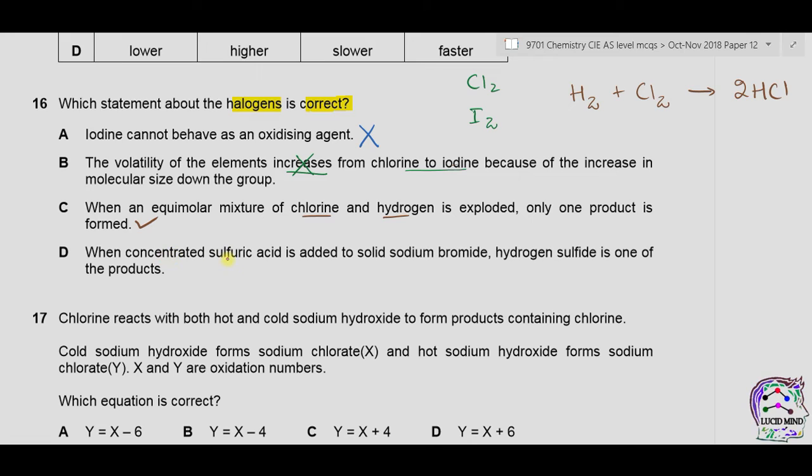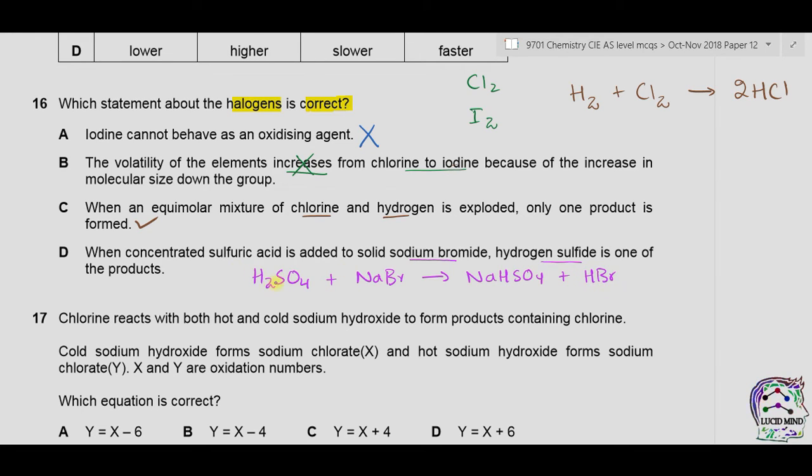Part D, when concentrated sulfuric acid is added to solid sodium bromide, hydrogen sulfide is one of the products. We can write the chemical equation. Concentrated sulfuric acid reacts with sodium bromide to form sodium hydrogen sulfate along with hydrogen bromide.